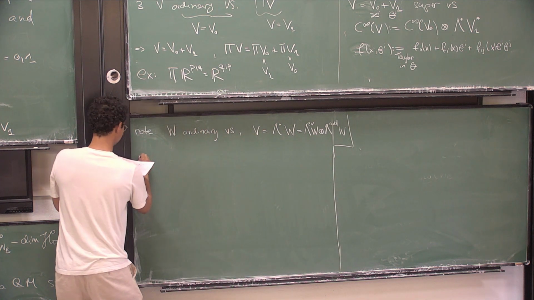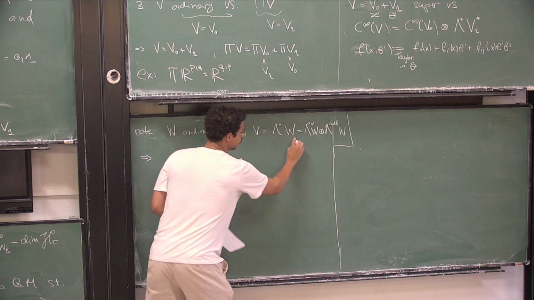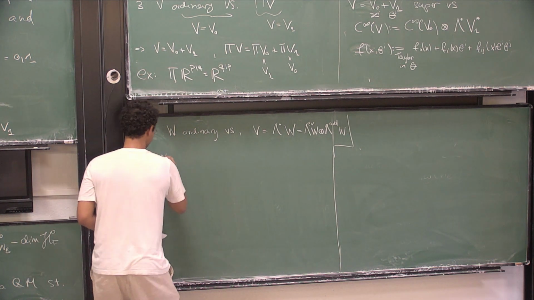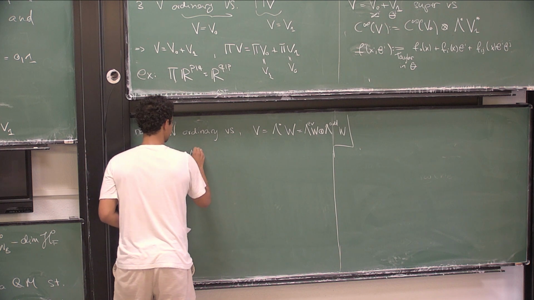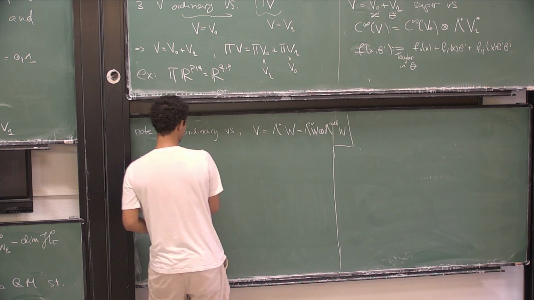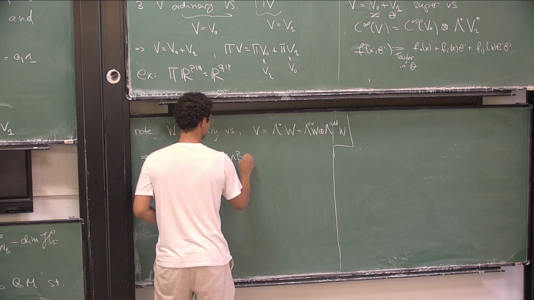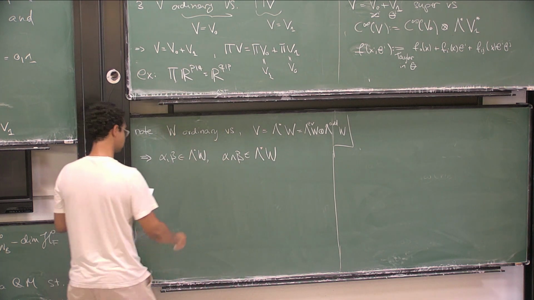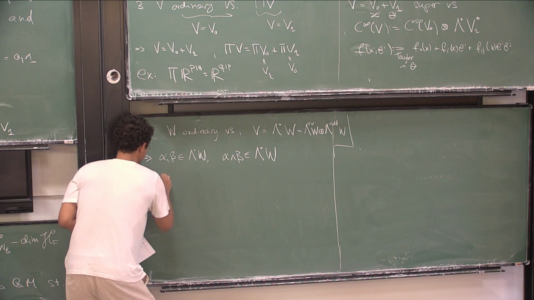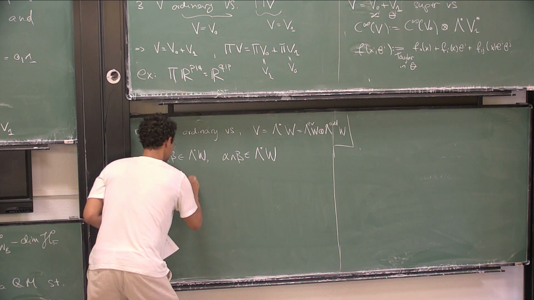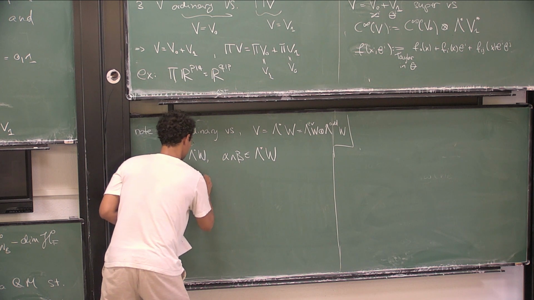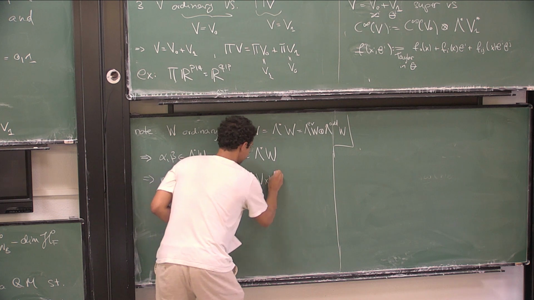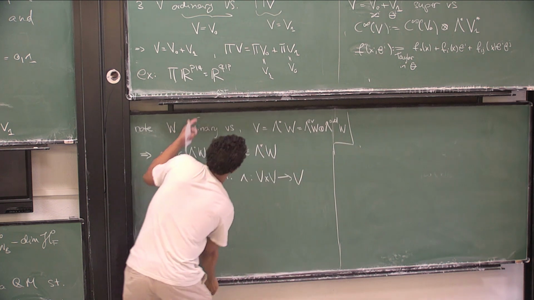Then you can note that this exterior algebra has more structure. For example, it has a wedge product. So you can say alpha and beta are in here, and then alpha wedge beta is in here. So there's a multiplication lambda, which goes from V times V to V in this case.